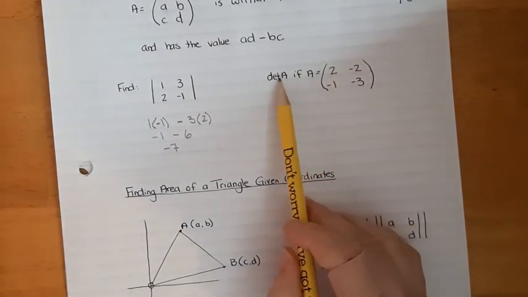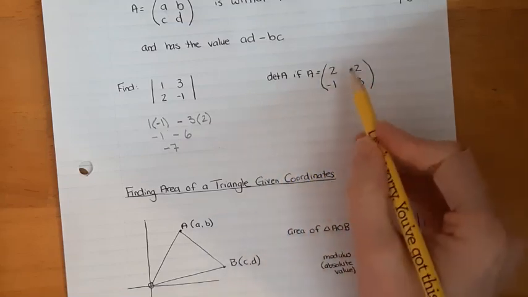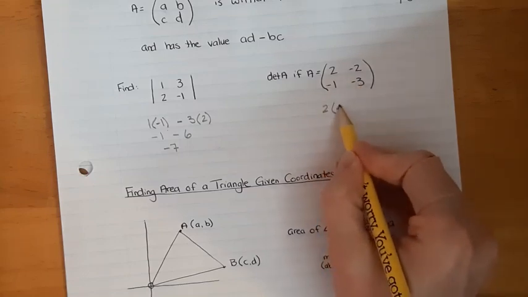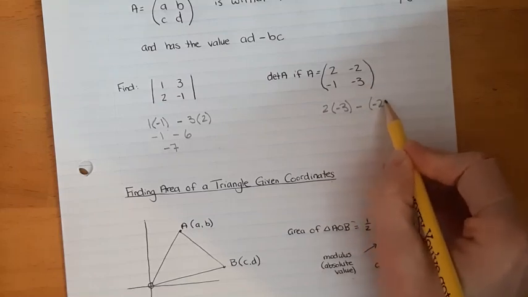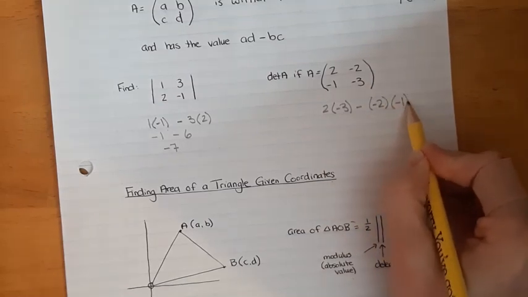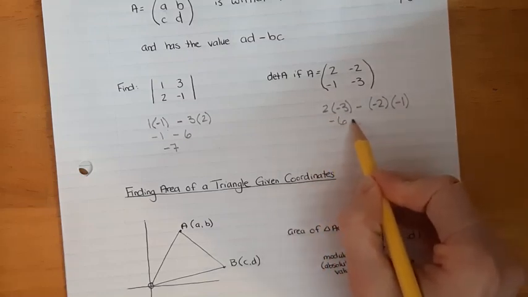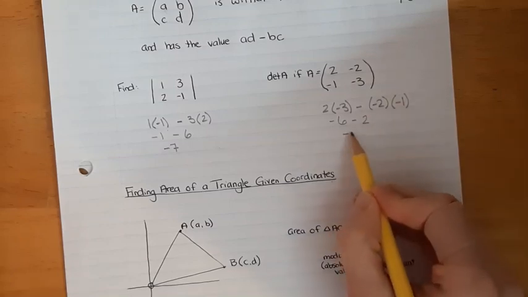So the second example here, we're finding the determinant of A if A is this. Again, we're going to do A times D, so 2 times -3, subtracting from that -2 times -1. So we're getting -6 minus 2, or -8.